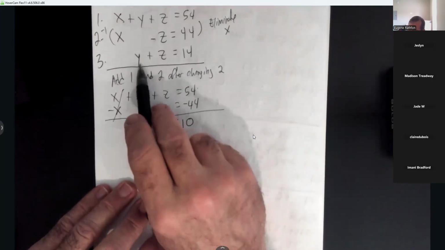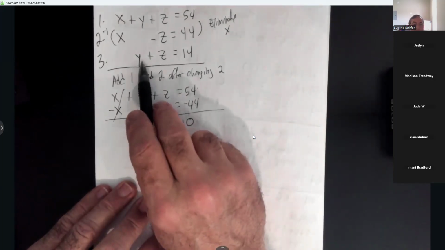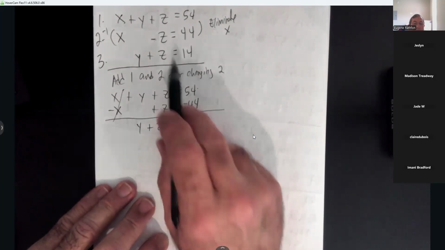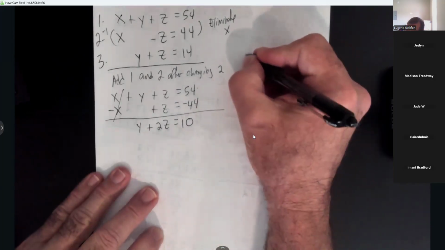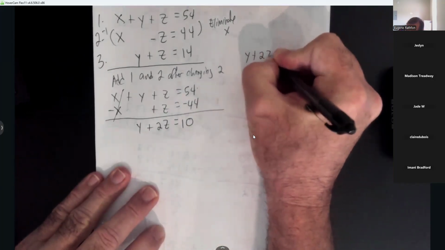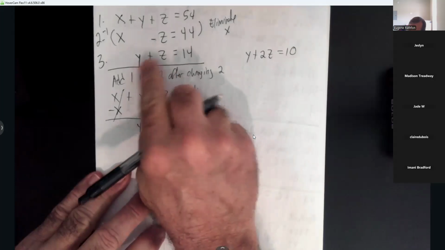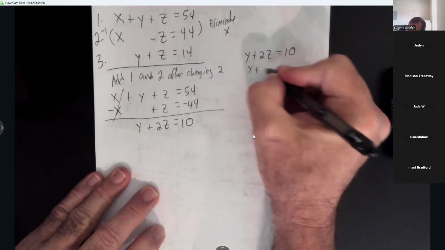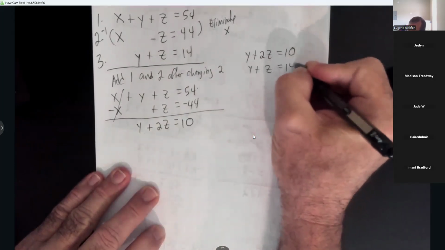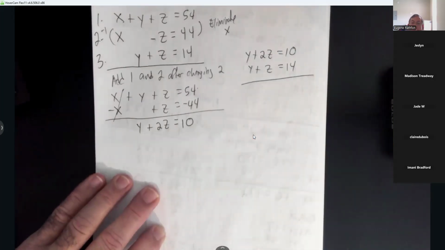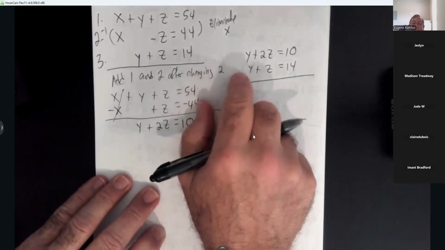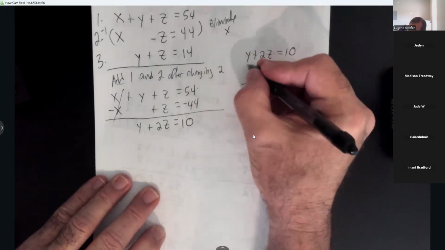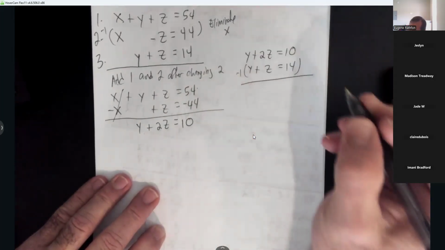Now notice, all you got in equation 3 is Y's and Z's, so that can become the second equation. So I got Y plus 2Z equals 10, and then Y plus Z equals 14. I'm going to eliminate the Y by multiplying this row by negative 1.